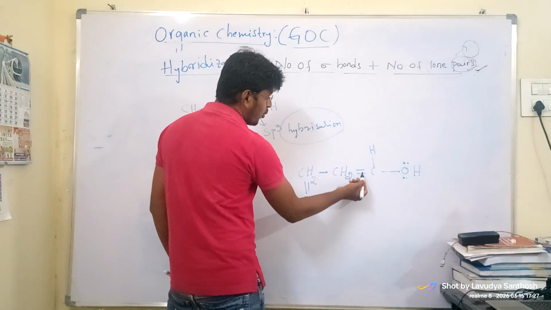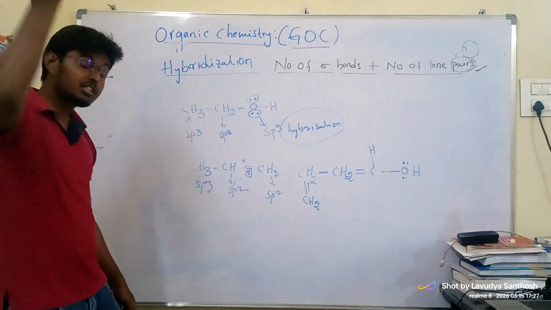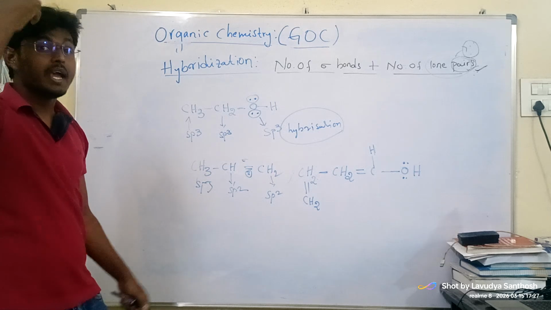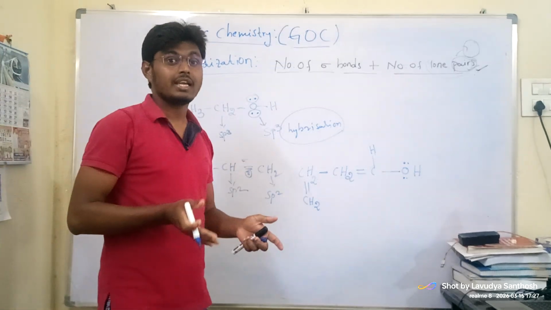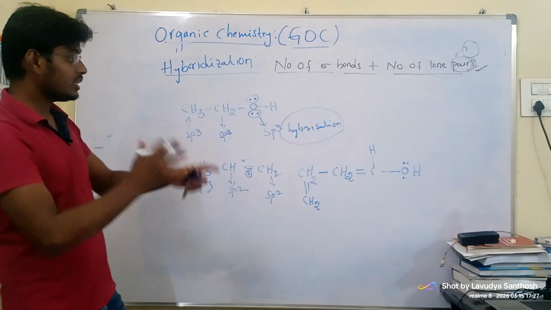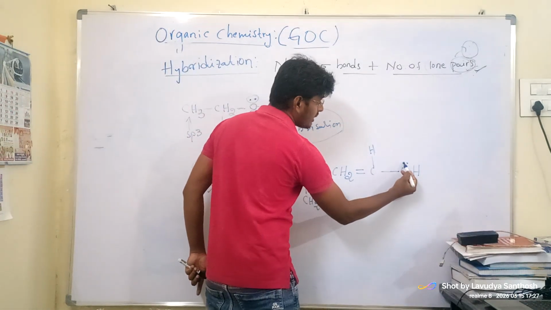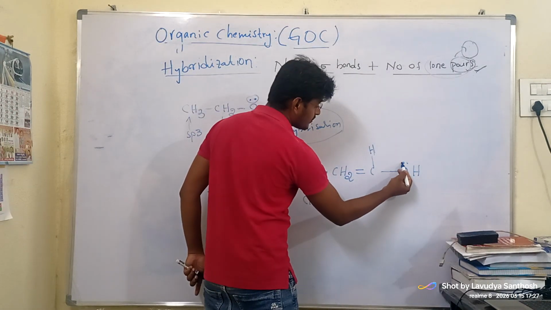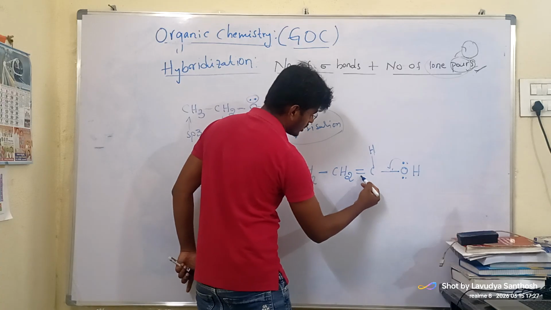Now you see here, when there is a resonance, nothing but what we discussed in the first video, a movement of electrons inside the plane or outside the plane, when lone pairs are in resonance, okay, this is resonance.